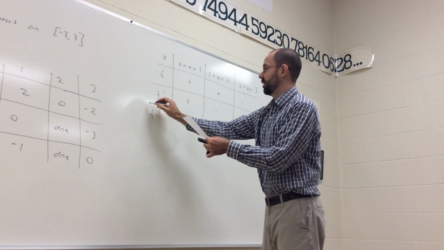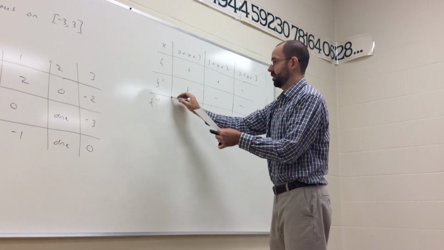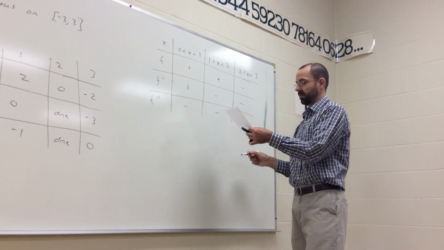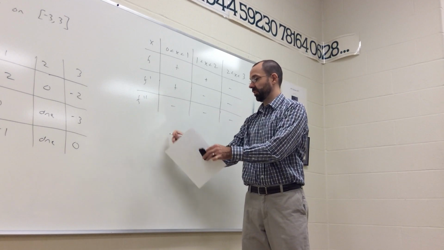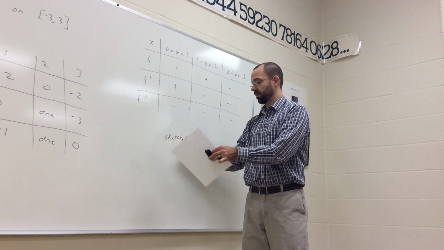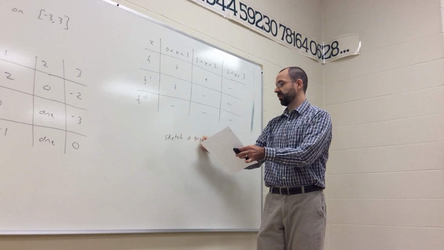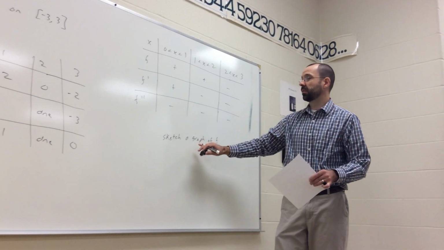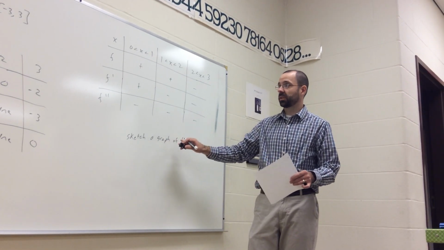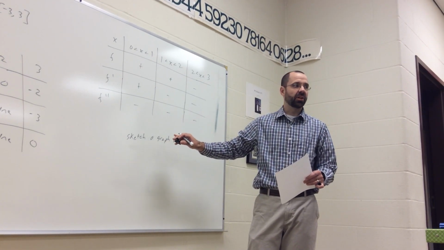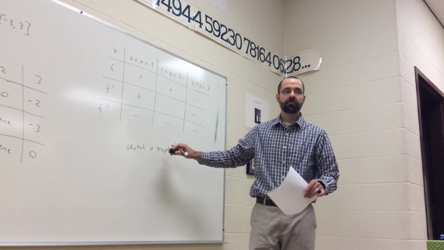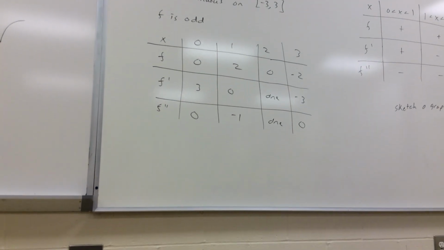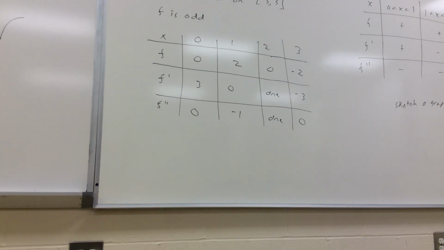And f double prime is negative, negative, negative. And of course what we're going to do here is sketch a graph of f. Okay, so I did that quickly. Did I get all that stuff written down right? All right, so that's a lot of information. We're going to take all that information and draw a graph for f.